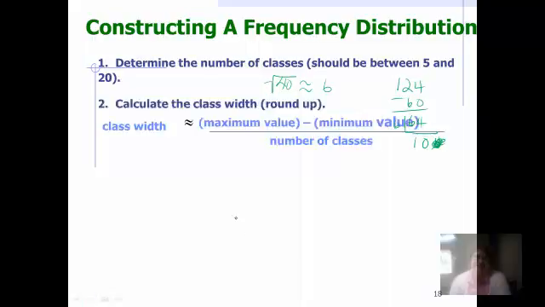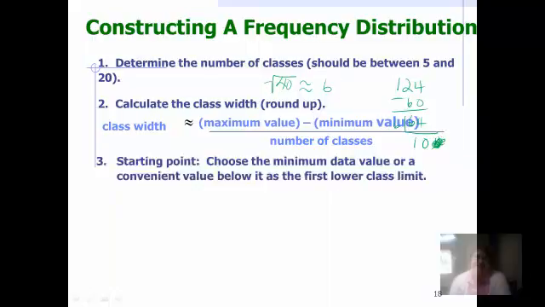So we did the minimum value, maximum minus the minimum. We did that over here, divided by the number of classes. Well, here's the number of classes that I had there, and so that's how I got to about 10 as my class width. I'm going to look at the minimum value, and then I'm going to find a convenient value below or above.